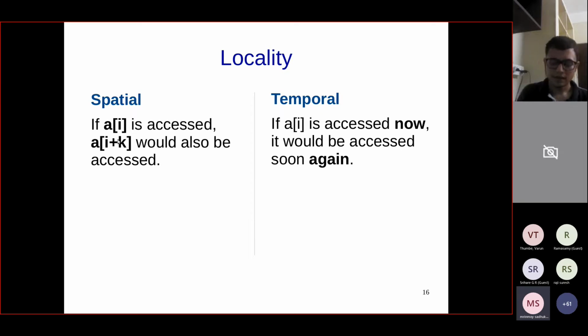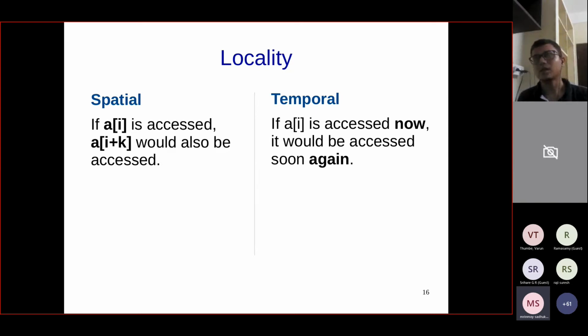So if I have accessed some memory location inside the array, or inside some data structure, then it is likely that I'll access memory which is close to it. That is spatial locality. I'm seeing it from the space point of view. So if there is some access at some particular point in the memory, then it is likely that I'll access some close by memory which is very close to this memory location which I have accessed. So that is spatial locality.